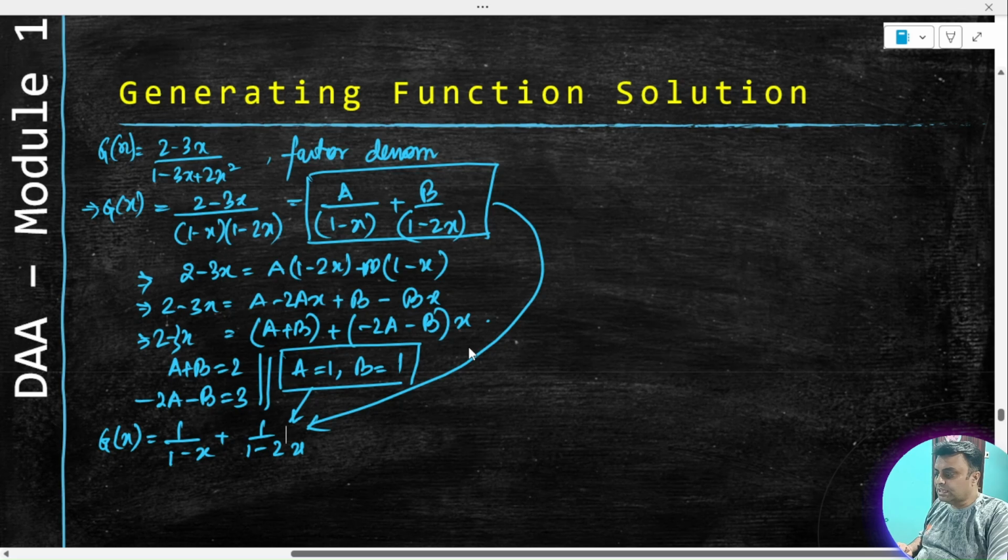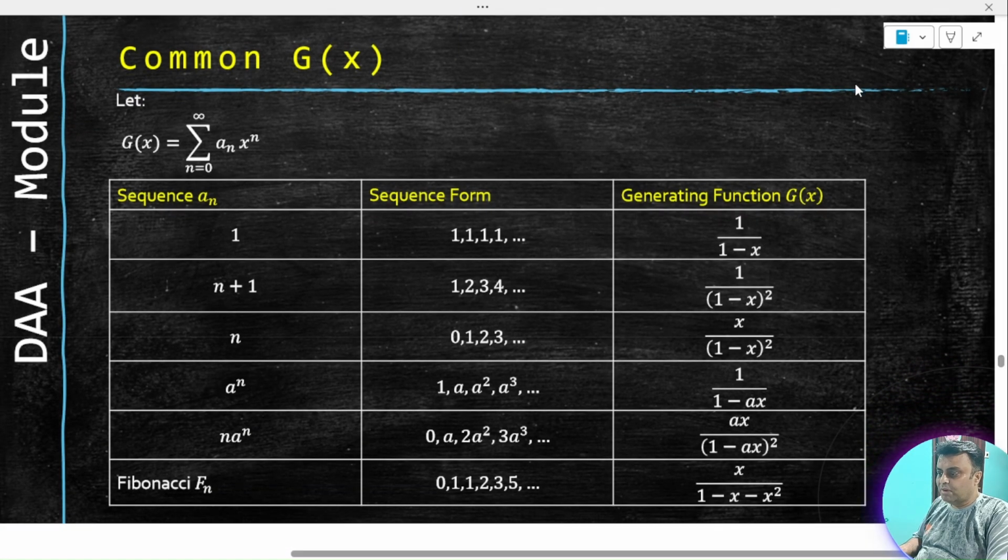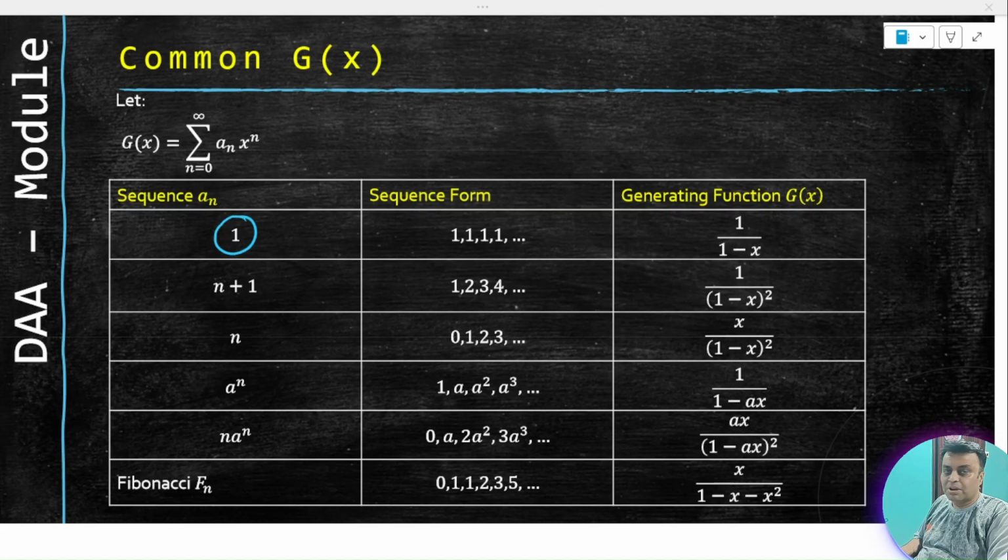So you have already seen from this table that 1 by 1 minus x in a generating function is to be treated as a sequence of ones. If your generating function is 1 by 1 minus x, then the sequence is actually 1 1 1 1 1 1 1, right? So that's what we had seen.